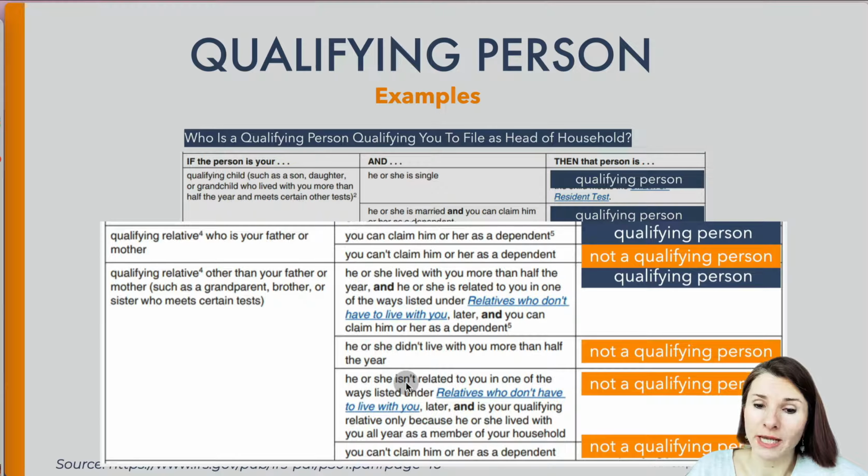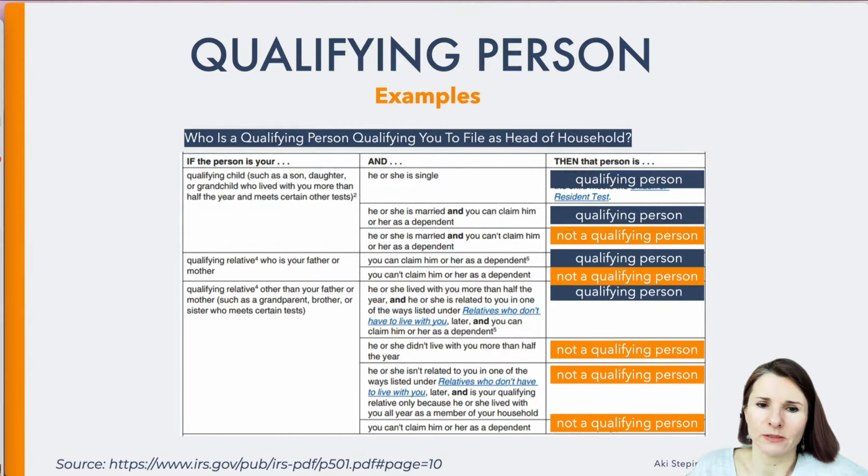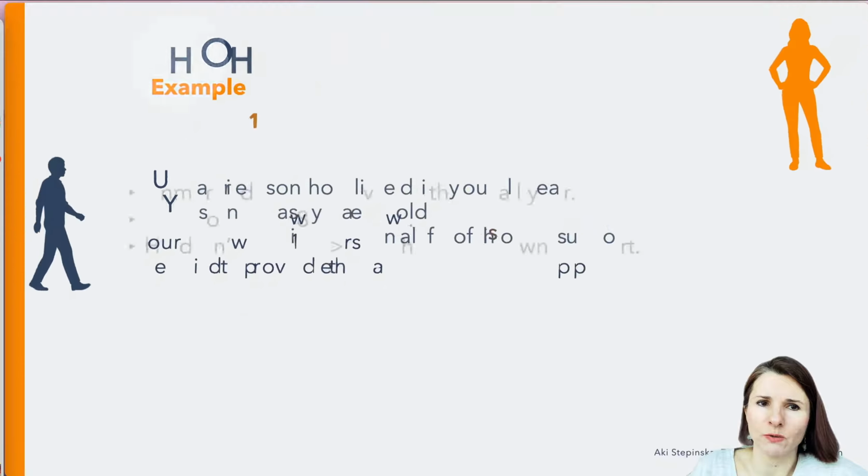And if they're not related to you, you see, that's an important one. For head of household, they have to be related to you. Then they're not a qualifying person. And if you can't claim them as a dependent, then obviously it's not a qualifying person. So that was kind of helpful in some of these more complicated situations you can go over to determine if this person is a qualifying person.